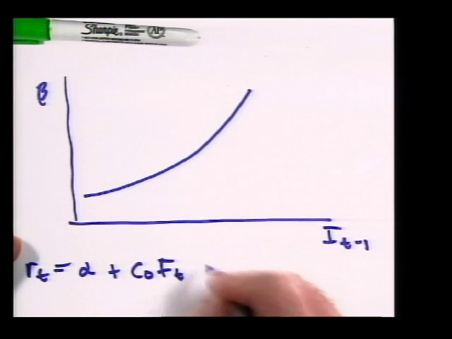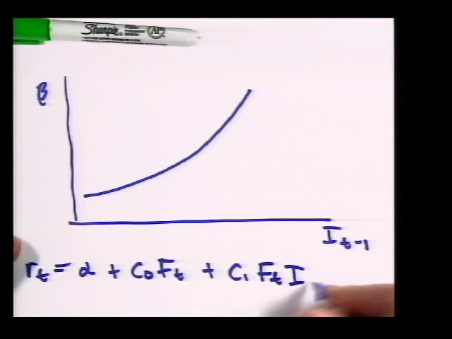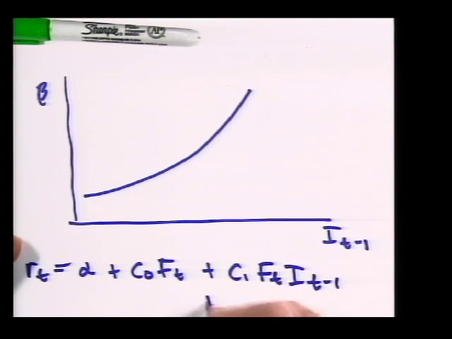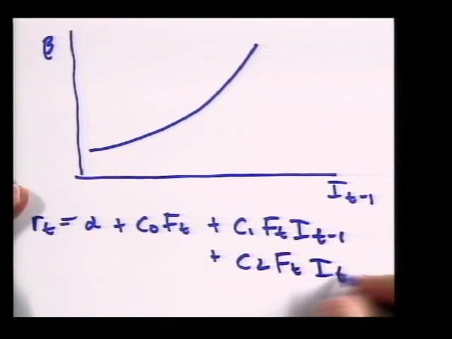Well, we've got the regression we're estimating, which is R_t equals alpha plus C0 f_t plus C1 f_t times I_{t-1} plus C2 f_t times I_{t-1} squared plus some error.